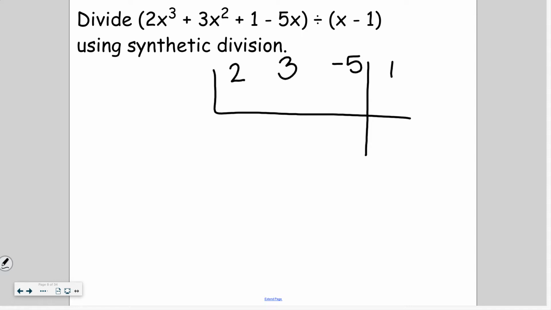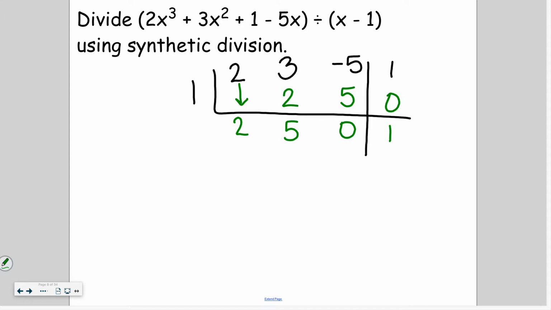And we're going to divide by a positive 1. Bring down that 2. 1 times 2. 3 plus 2 is 5. 1 times 5. Negative 5 plus 5 is 0. 1 times 0. 1 plus 0 is 1.